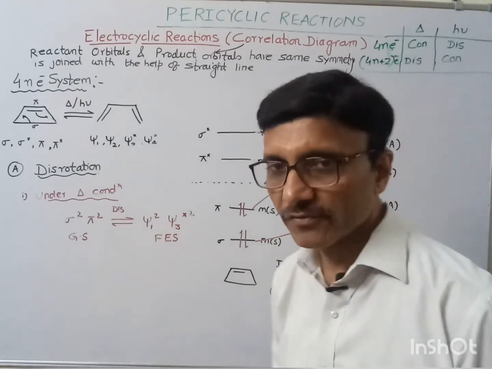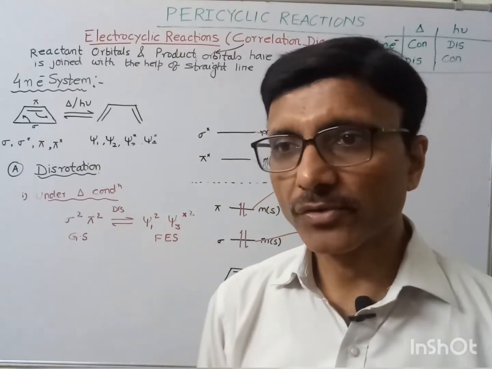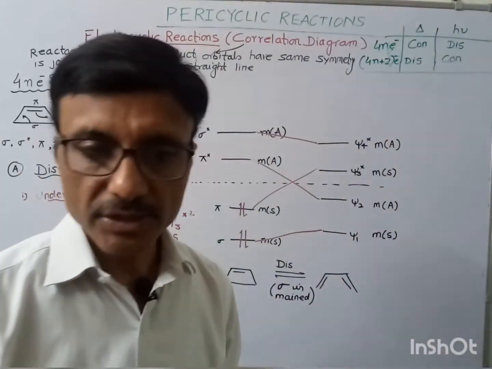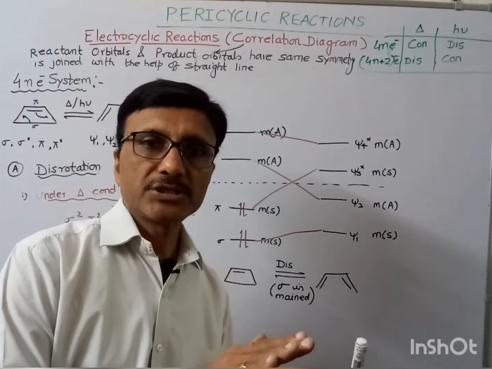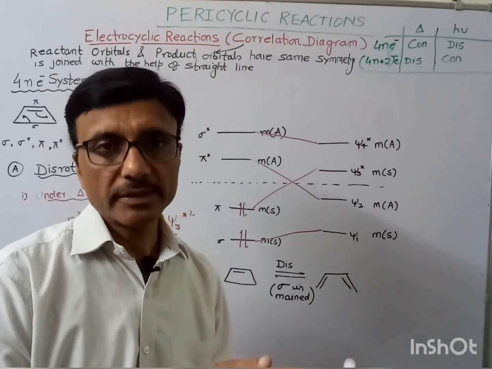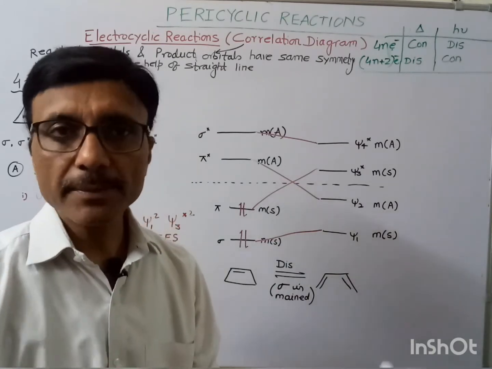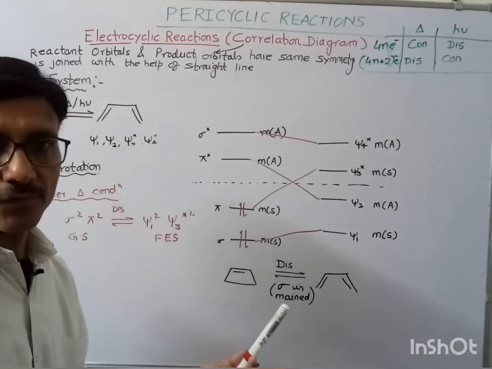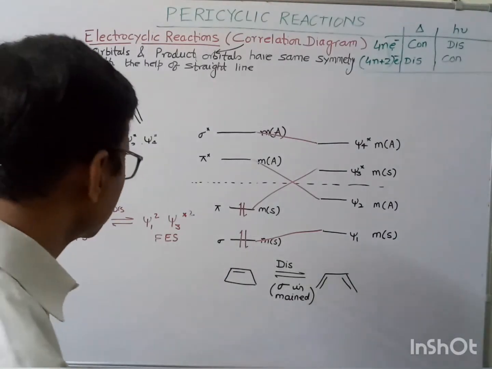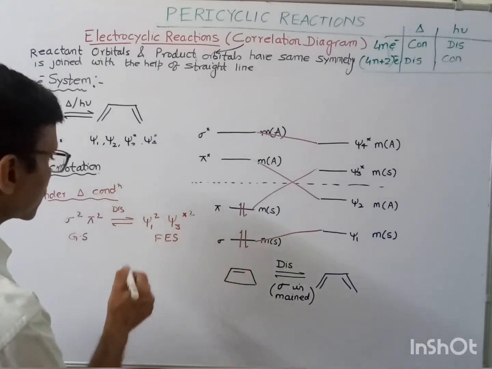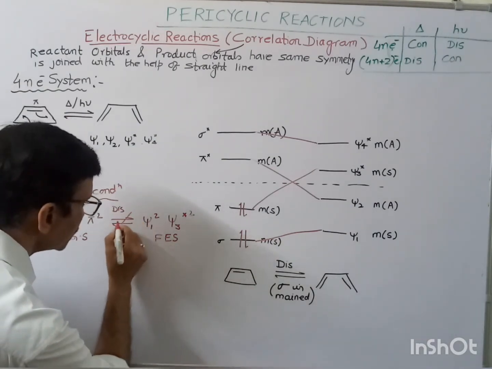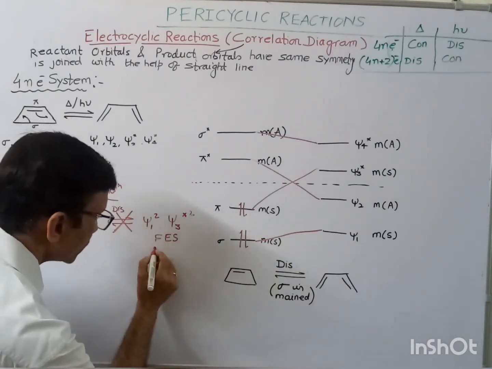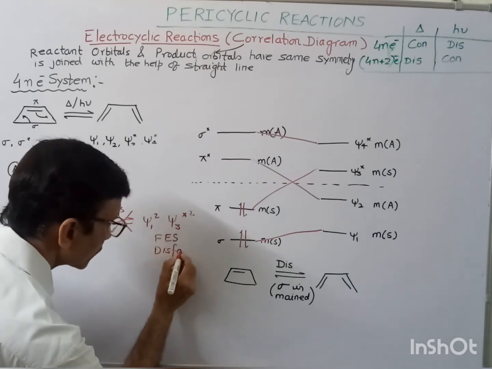This is not favored because the transfer of electrons should happen within the same energy level. The transfer of electrons from one energy level to a higher energy level is not energetically favored. So that's why this process is disfavored.